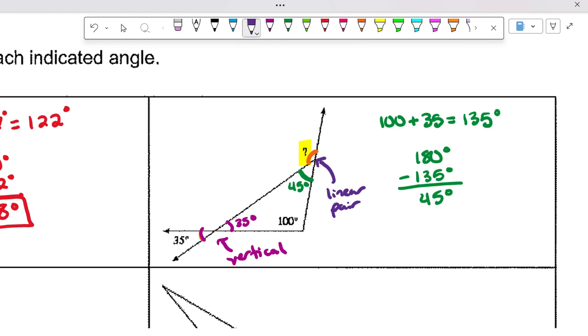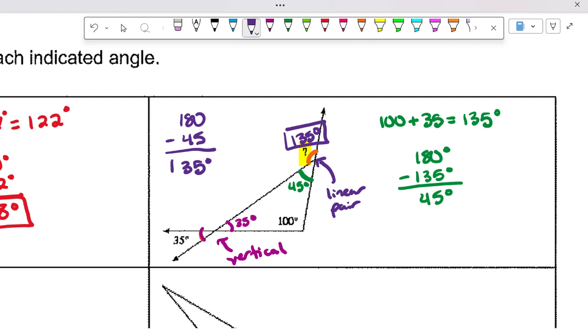So if I know that the 45 degree and the orange angle add to 180, what do I need to do? Subtract 45 from 180. That'll give me what? 135 degrees. So that orange angle is 135 degrees.